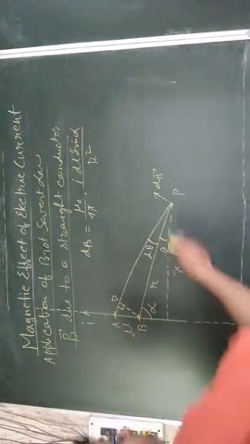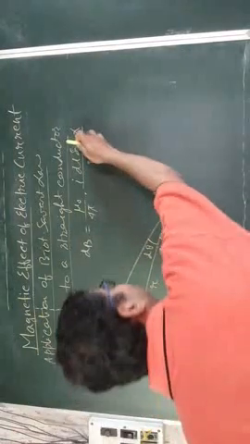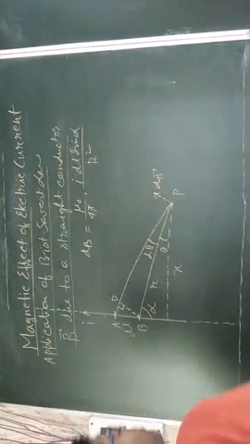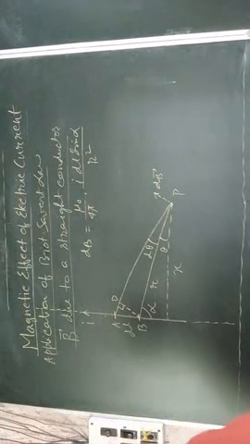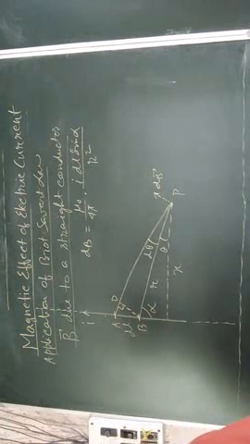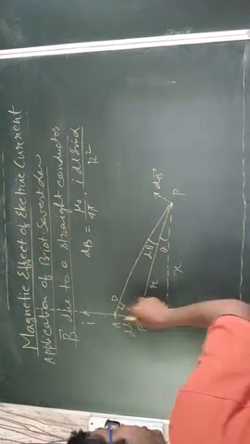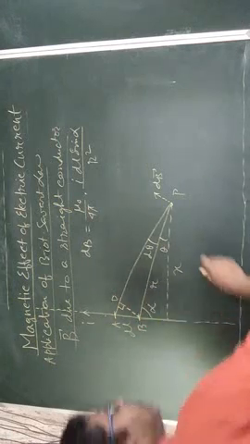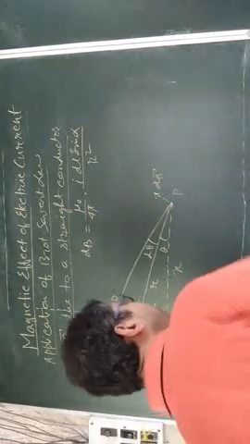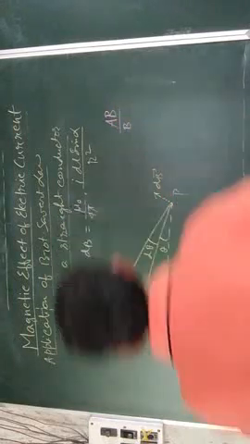Now in this case we have to replace this sin alpha, how? In this triangle, what is the relation between AB and BD? AB by BD.